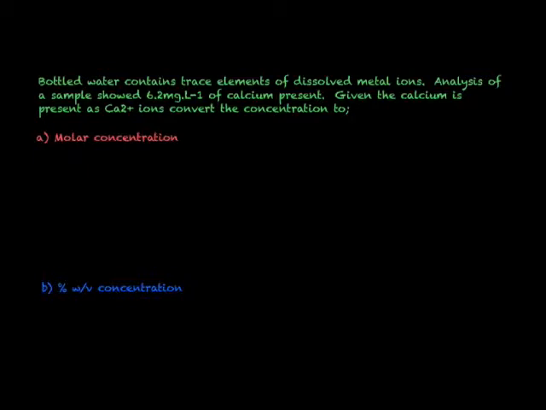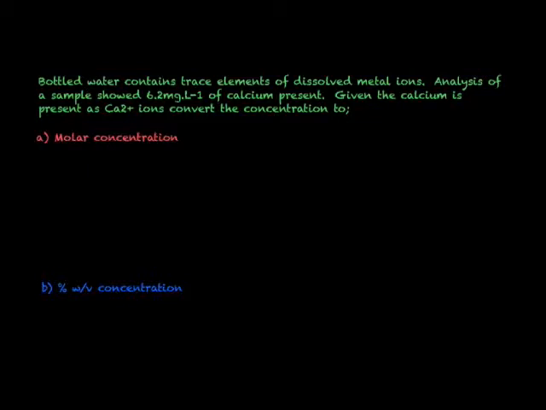Alright, let's take a look at another one. In this example, bottled water is containing dissolved metal ions, fairly standard. An analysis of this shows that we've got 6.2 milligrams per litre of calcium ions present. Convert the concentration in milligrams per litre to molar concentration first up.